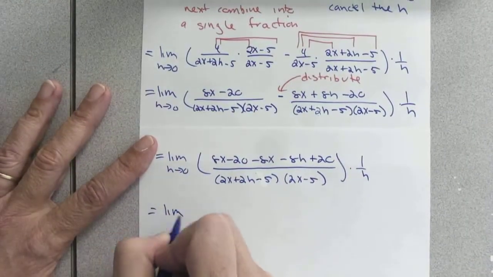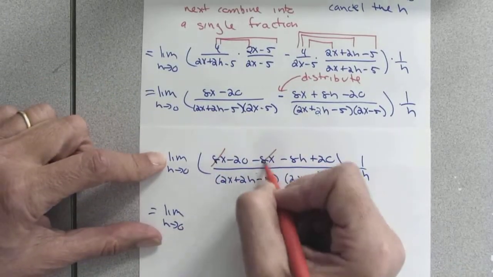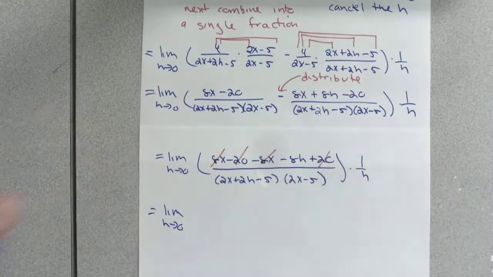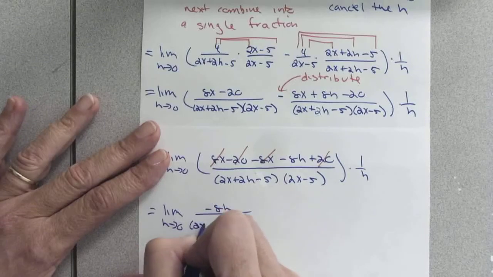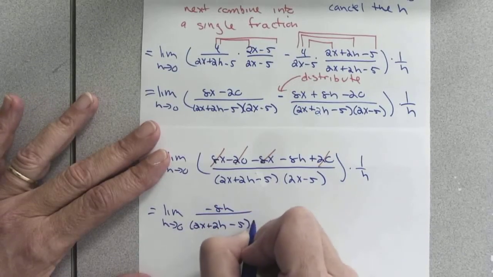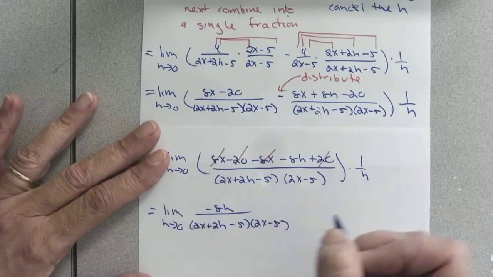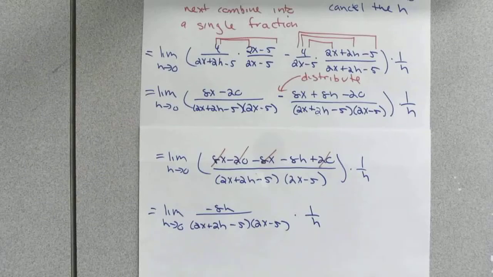And I've got all sorts of stuff that's going to cancel: 8x minus 8x, minus 20 plus 20. And so I'm down to negative 8h over 2x plus 2h minus 5 times 2x minus 5, times the 1 over h. And there's my algebraic goal.